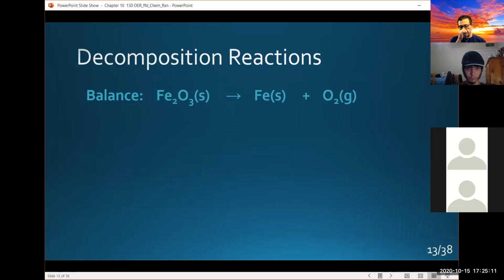A decomposition reaction. Can anybody name that compound? Fe2O3. Would it be iron trioxide? Well, you got the iron right, and you got the oxide right, but no tri.